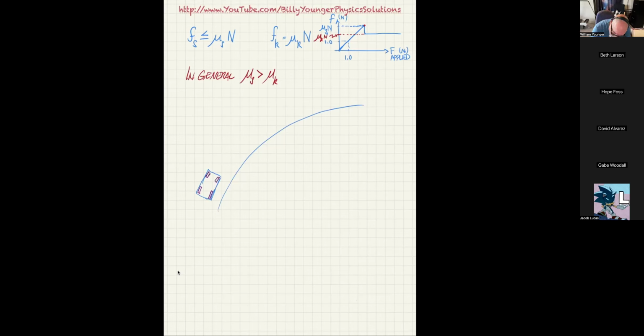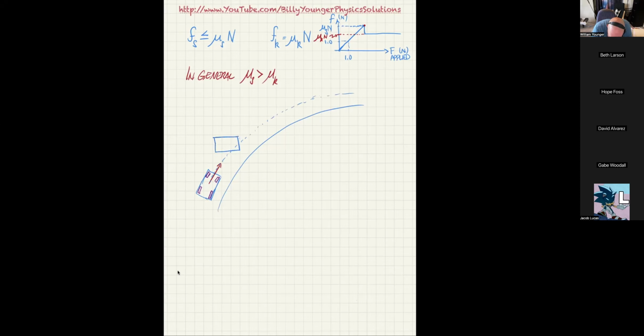The car is in fact going this way, but the car driver's intent is to follow this dotted line along the curve. As the car goes around the curve, though, it's very possible that the car will begin to slide.